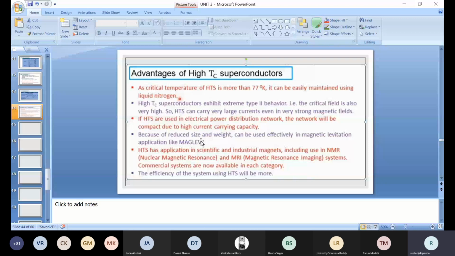Similarly, if high TC superconductors make maglev easy, then we are going to find applications in many industrial cases, like nuclear magnetic resonance and magnetic resonance imaging.